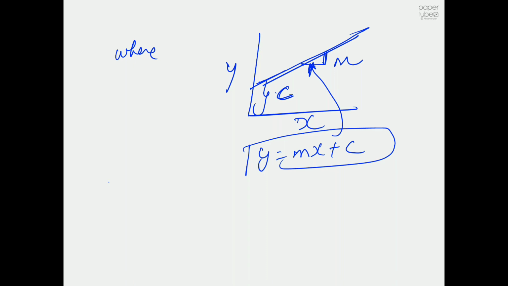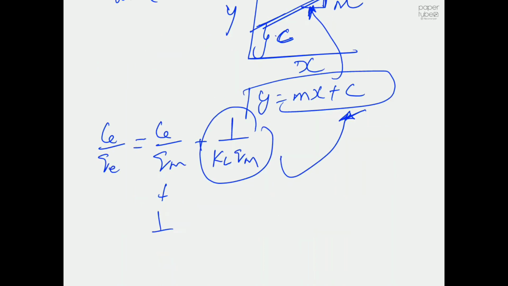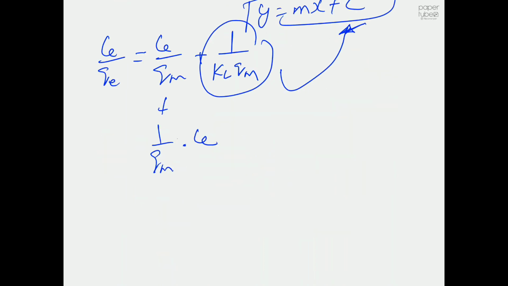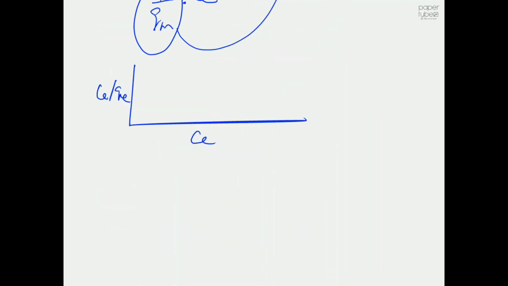So we have some expressions. CE by QE is equal to CE by QM plus 1 by KL QM. So this is your c value, and CE by QM we can write as 1 by QM multiplied by CE. So 1 by QM is nothing but your slope m. So if you plot CE by QE versus CE, you will get a linear line.